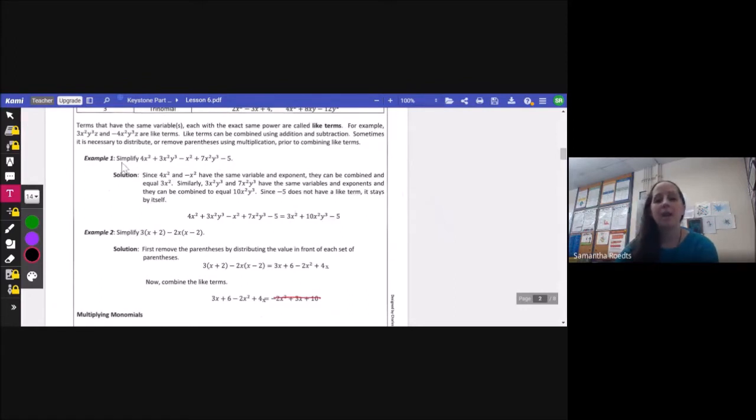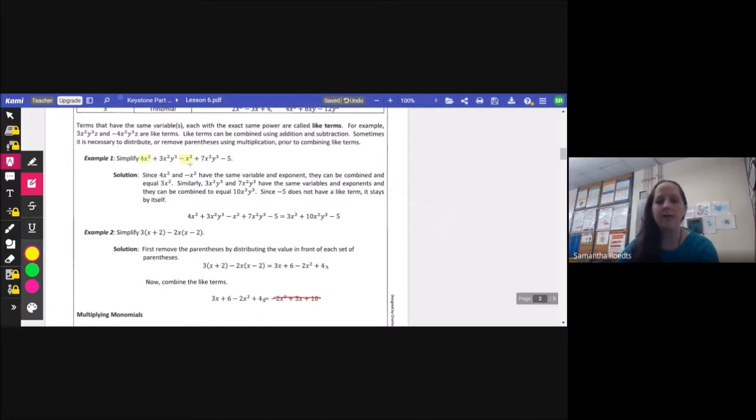So example 1, I want to simplify 4x squared plus 3x squared y cubed minus x squared plus 7x squared y cubed minus 5. So looking at this, I'm trying to find my like terms. I see that I have an x squared and an x squared, so I'm going to go ahead and highlight those.